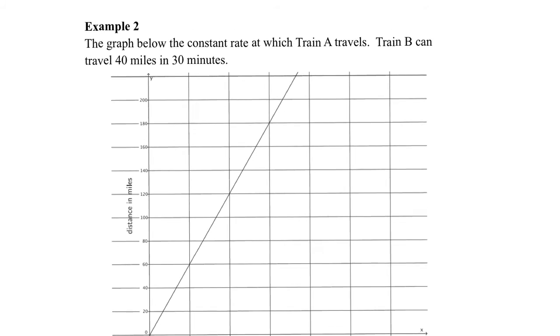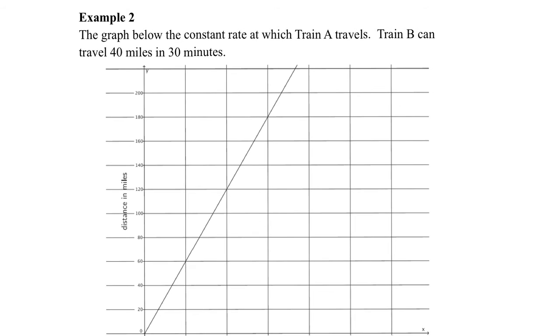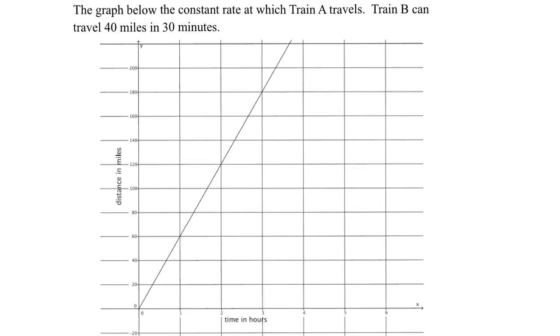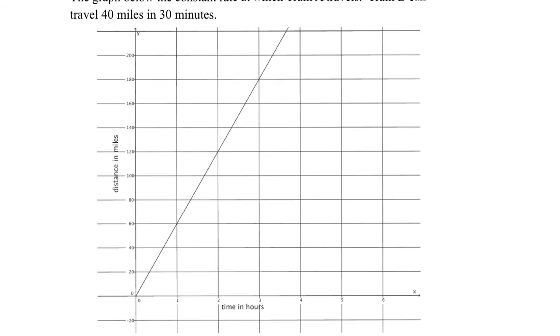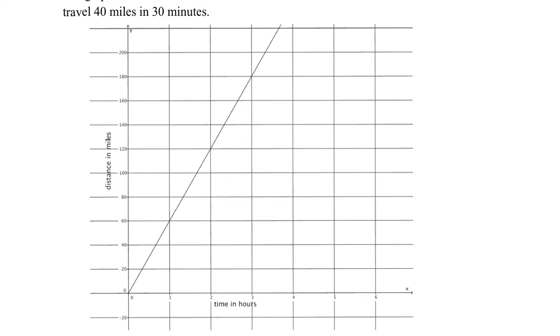Okay, let's look at another problem here. The graph below shows the constant rate at which train A travels. Train B can travel 40 miles in 30 minutes. Okay, so we have to pay attention to a lot here. There's a lot to look at, and you have to pay close attention.